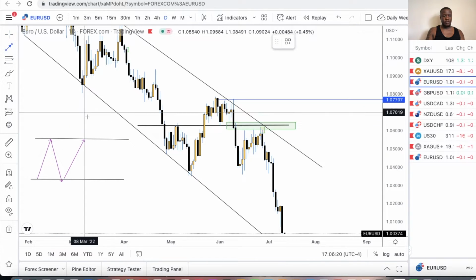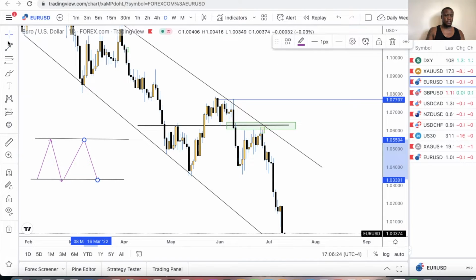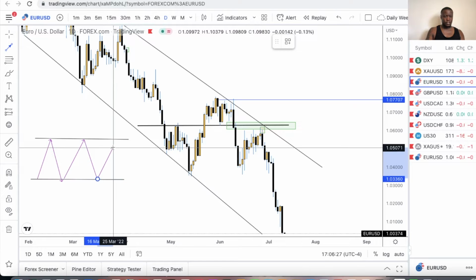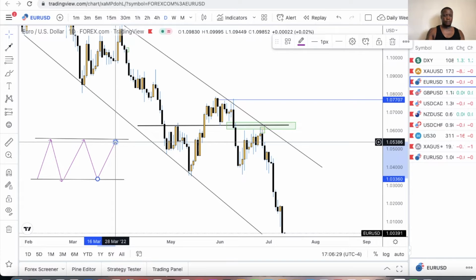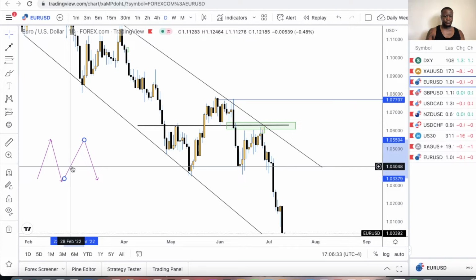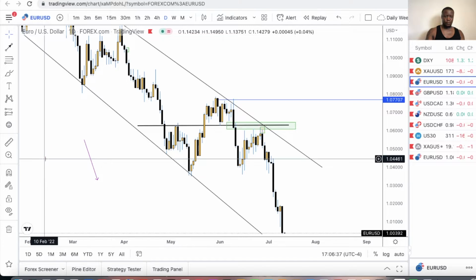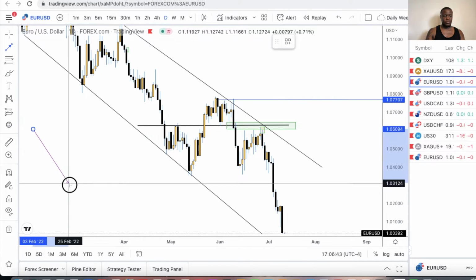And you just trade it every time it hits one of these points. And as you can see with the channel, it's just moving in this direction.